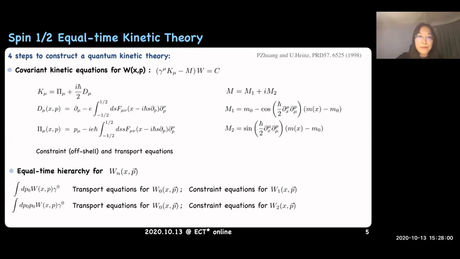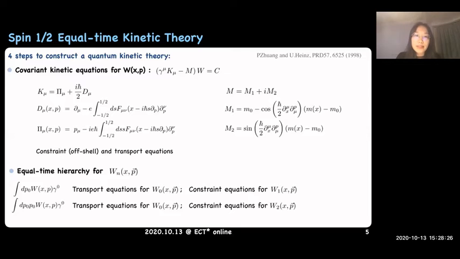So then there are 4 steps to construct a quantum kinetic theory for a spin 1/2 system. The first step is to derive the covariant kinetic equation for the Wigner function, and it follows from the equation of motion of the field operator, either the Dirac equation, the Dyson-Schwinger equation, and so on.